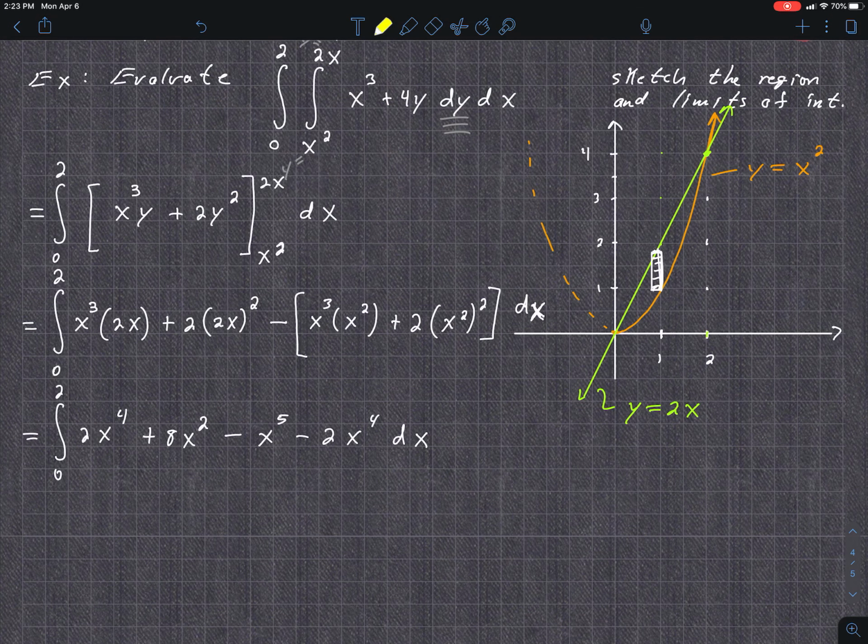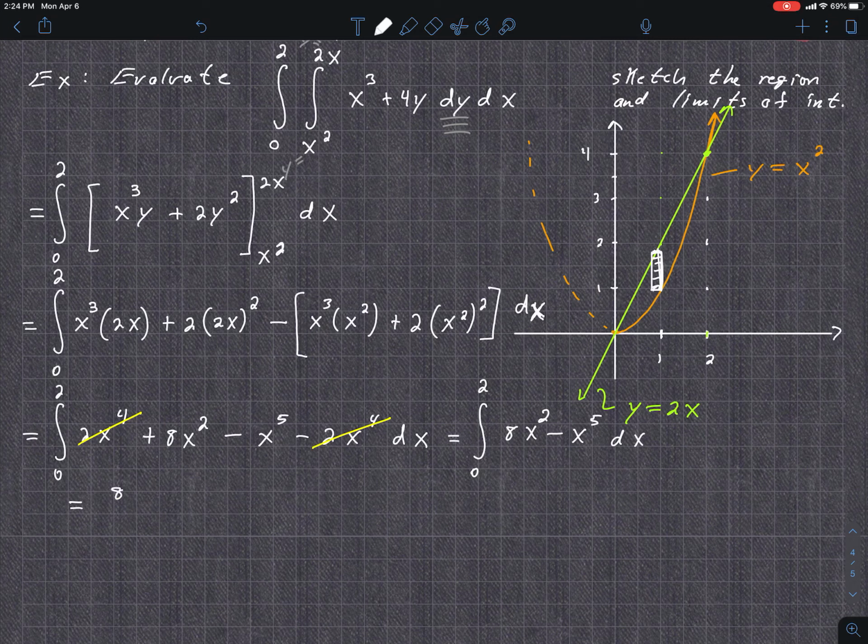So dx. So we can see here that those are gone. And then you just get this equal to the integral from 0 to 2, 8x squared minus x to the 5th dx. And so now you're back down to a single variable, and you can simplify and finish that.